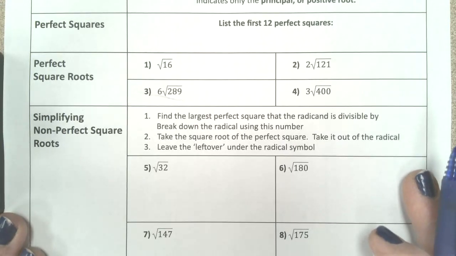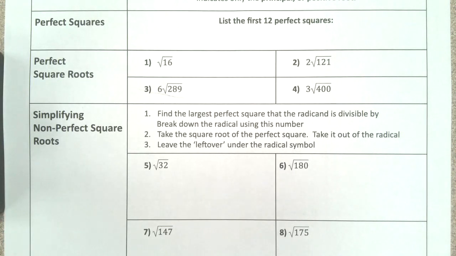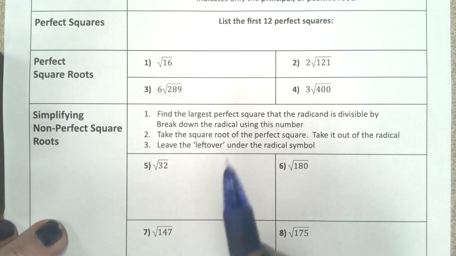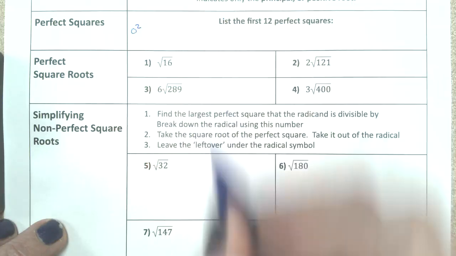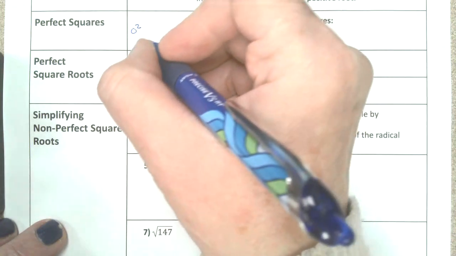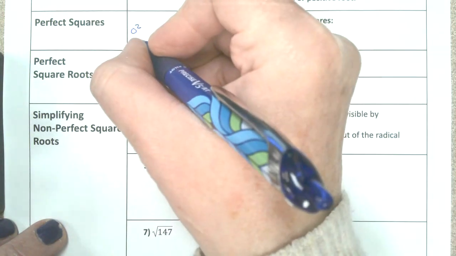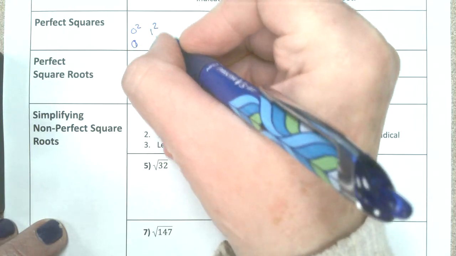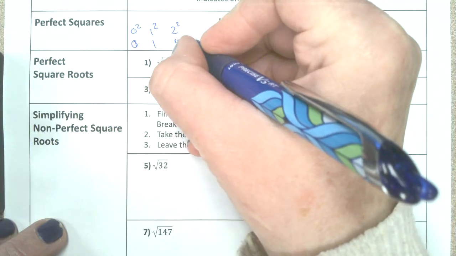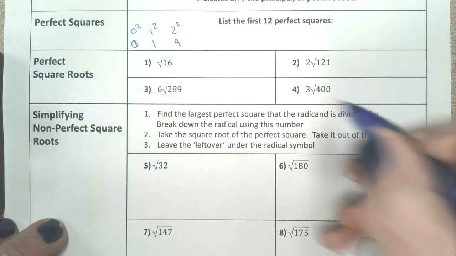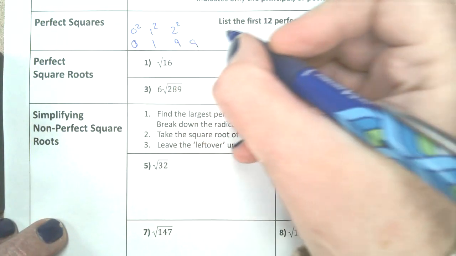All right, so we're going to teach you how to solve these, or simplify them rather, by perfect squares. Perfect squares is when you take a number and you square it. So 0 squared is 0. 1 squared is 1. 2 squared is 4. 3 squared is 9.